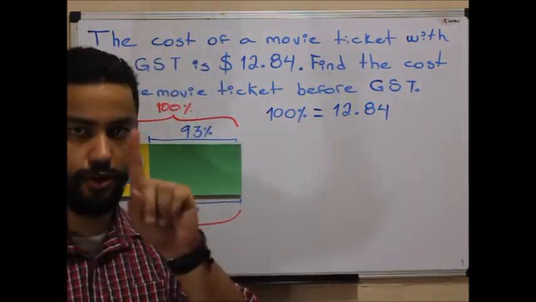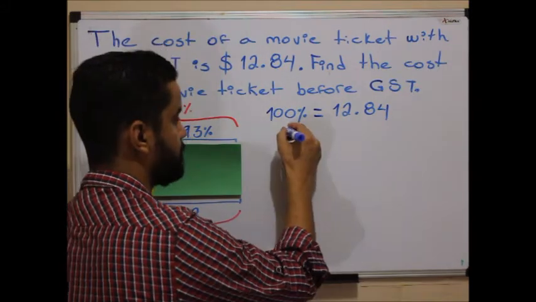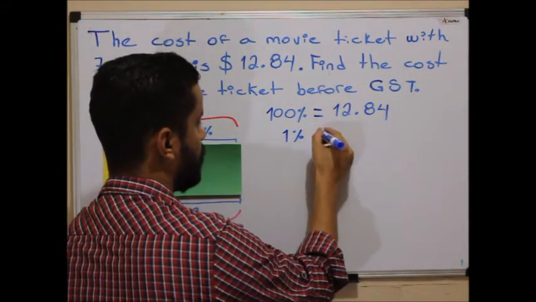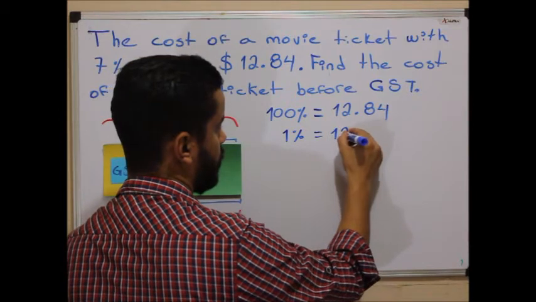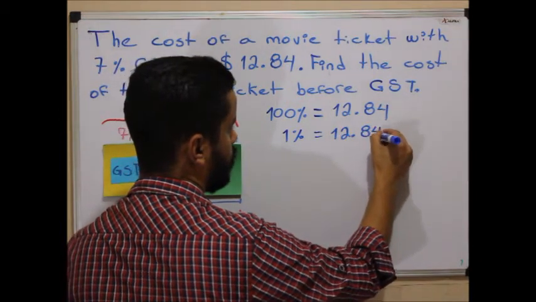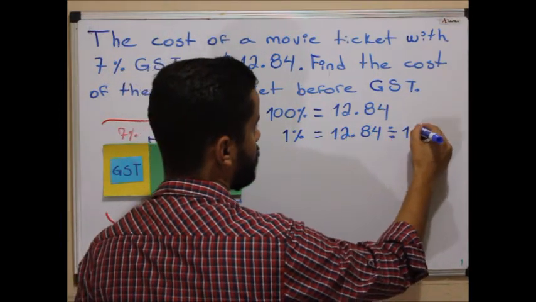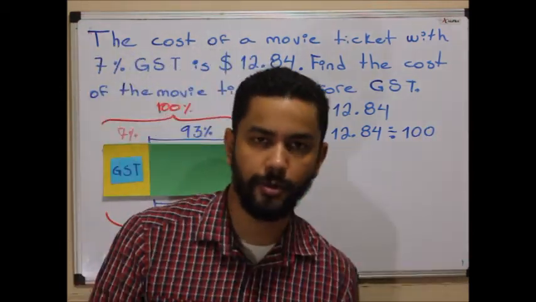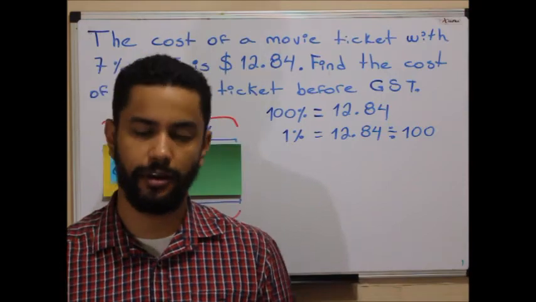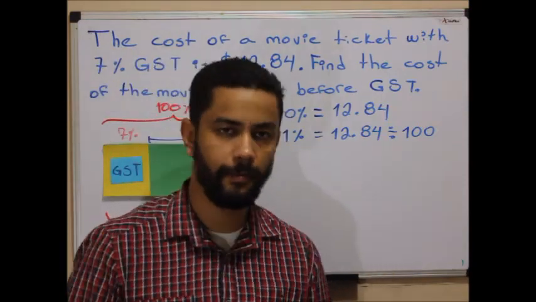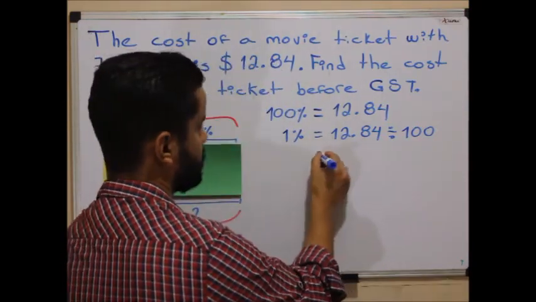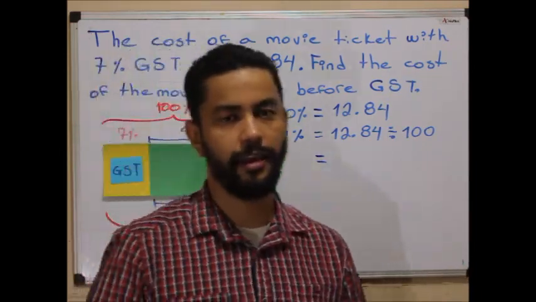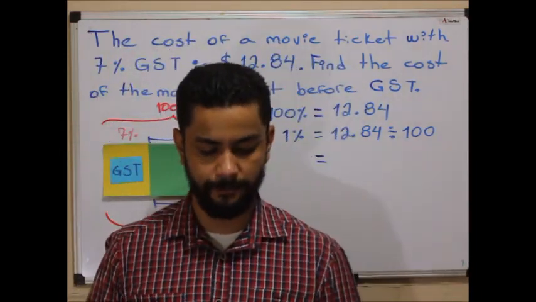Just 1% will be equal to 12.84 divided by 100. Now, in your homes, please make that procedure. You can use a calculator. Okay, can anyone tell me the answer?